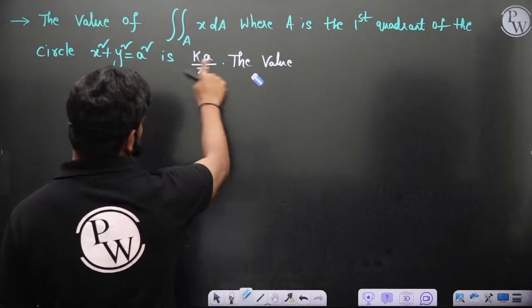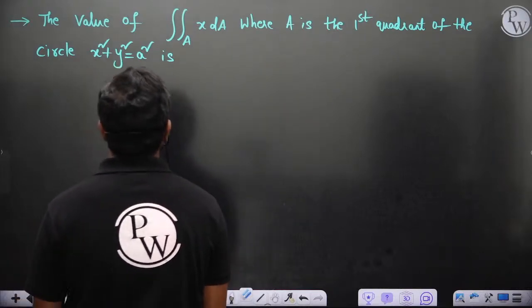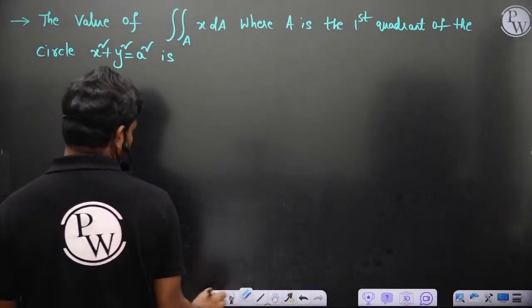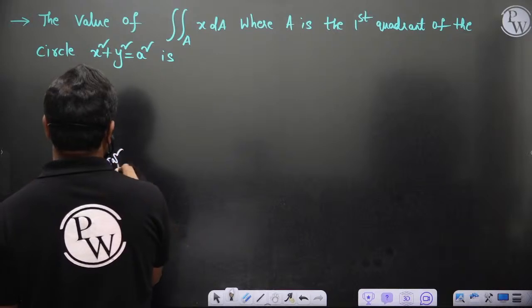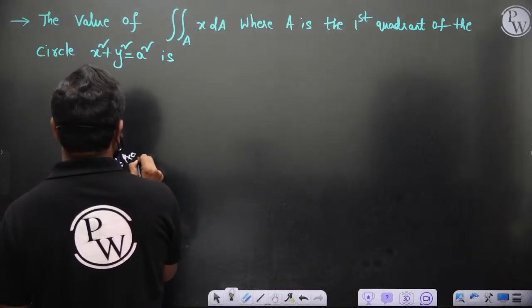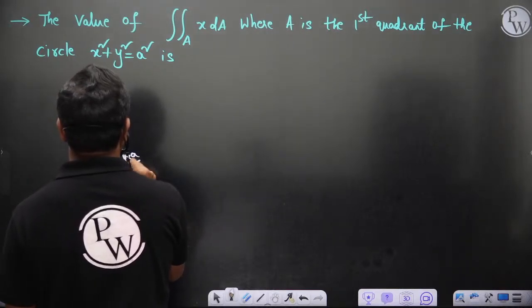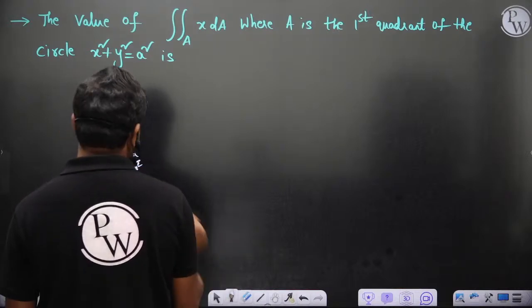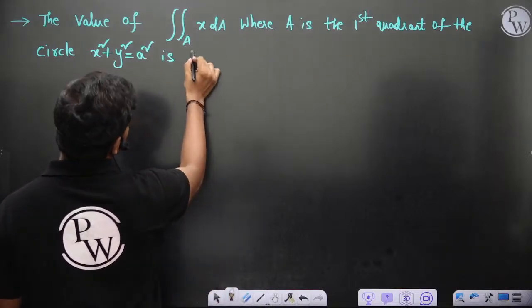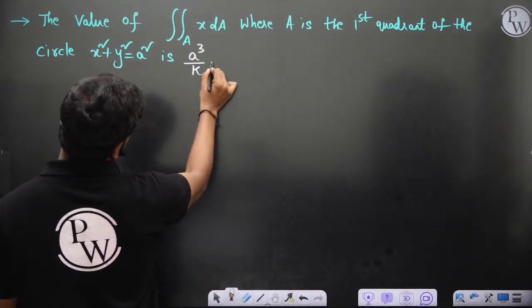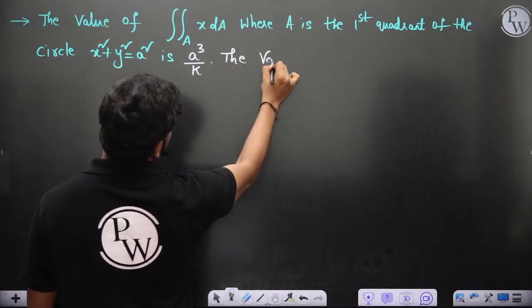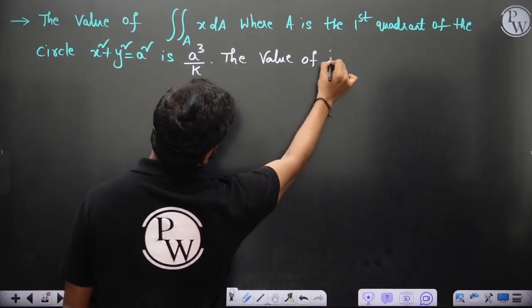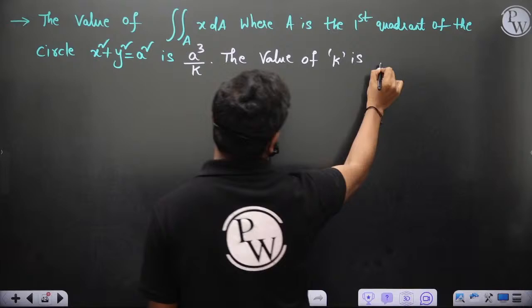Just a second, the value is a cube by k, the value of k is dash. Come on, do this question. The value of k is dash.